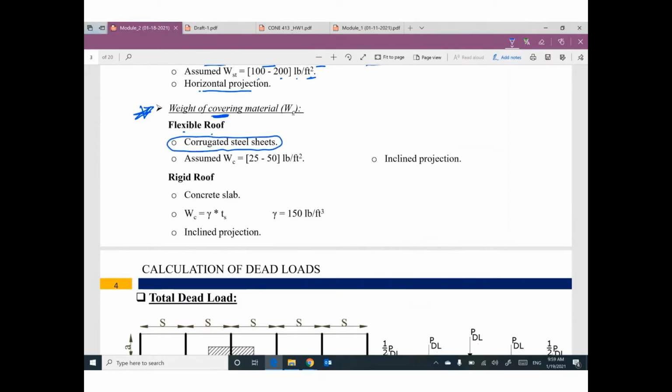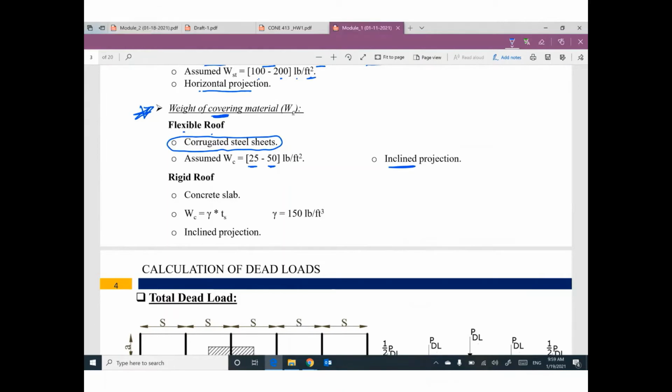In this case, we can assume the weight for this corrugated sheet something between 25 to 50 pound per square feet. I'm giving you a range, so you can choose something in between. And this weight can be considered inclined projection.